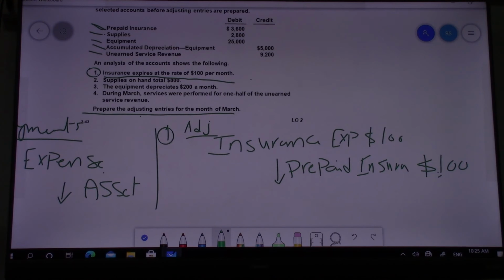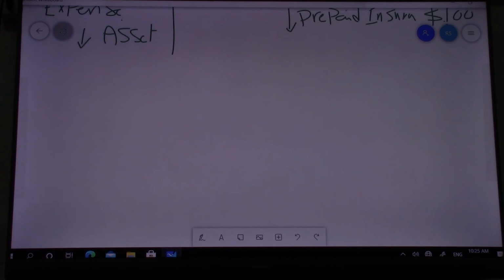The second item, supplies on hand total $800. Supplies on hand is $800. So we need to determine the amount of supplies used first.